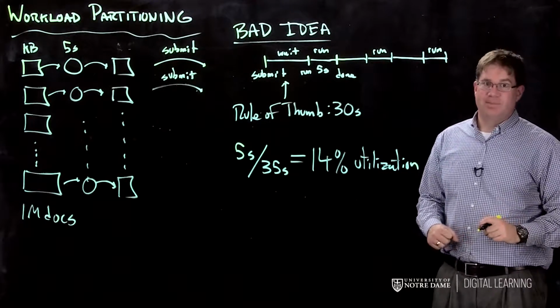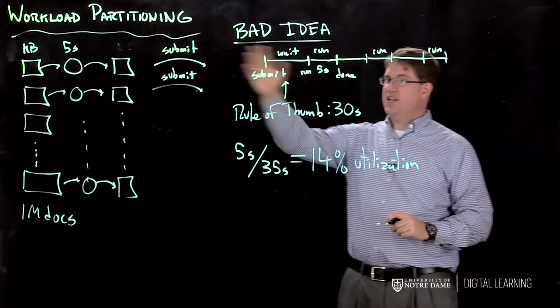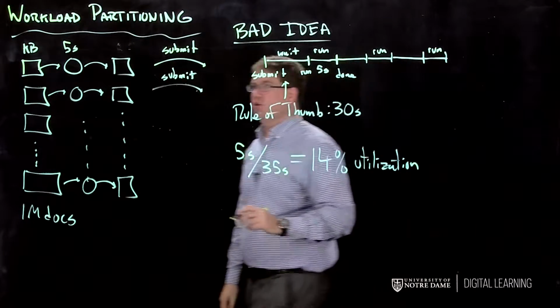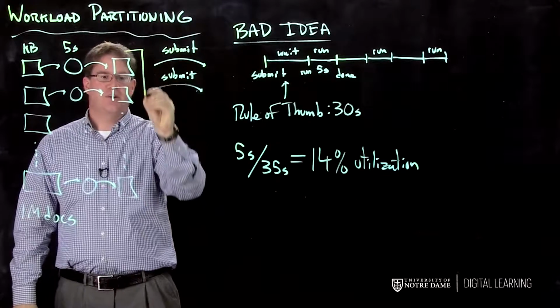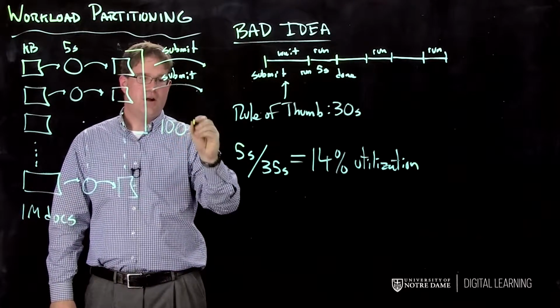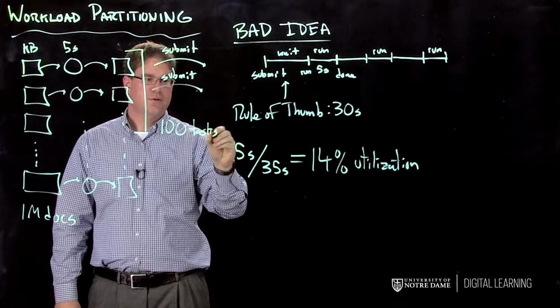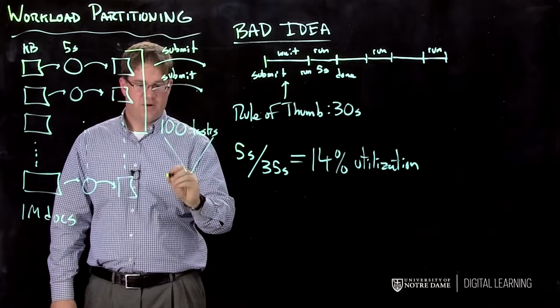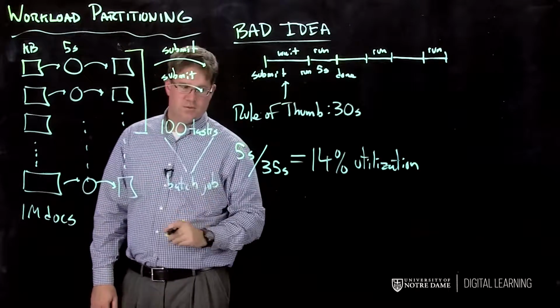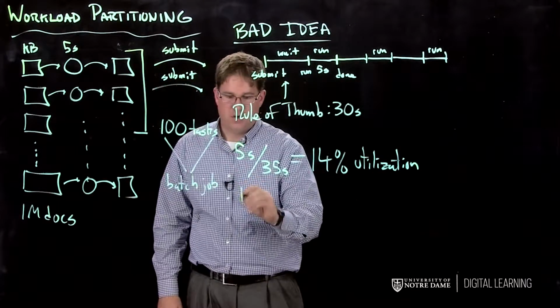Now, we can do a better job. Instead of sending each task as a single batch job, which results in a large wait time, what we can do is we can take a large number of tasks here and group them into a single batch job. So suppose we take 100 of these tasks and put them together into a single batch job. Now, what's going to happen?